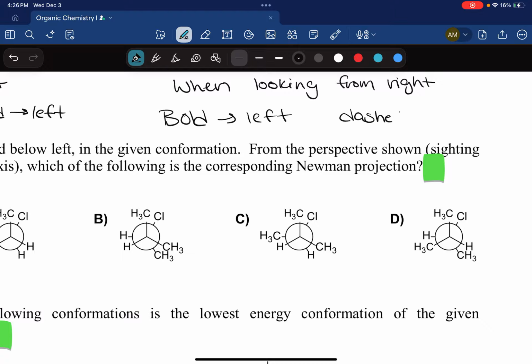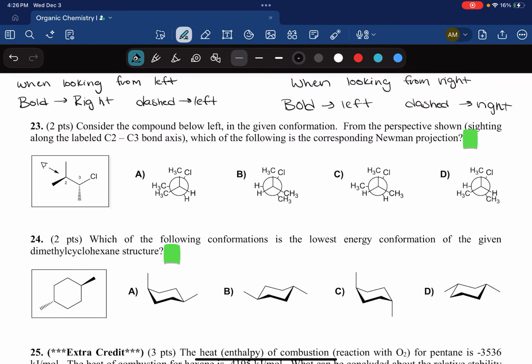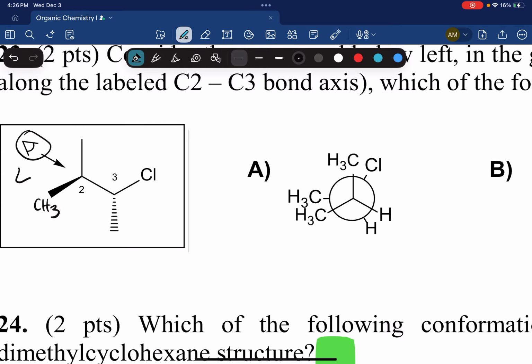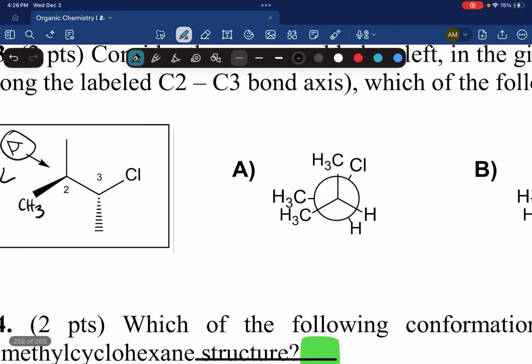Dashed is to the right. Okay, so we're looking from the left, though. See how this is on the left side? Okay, so that means this bold methyl should be on the right side.